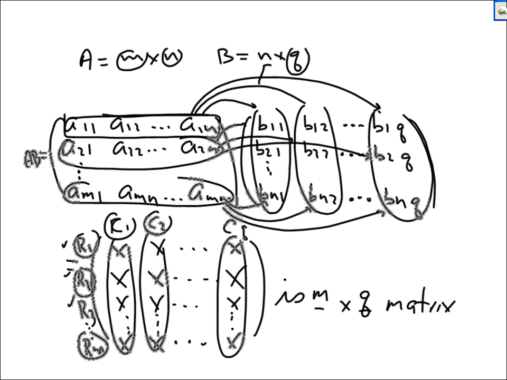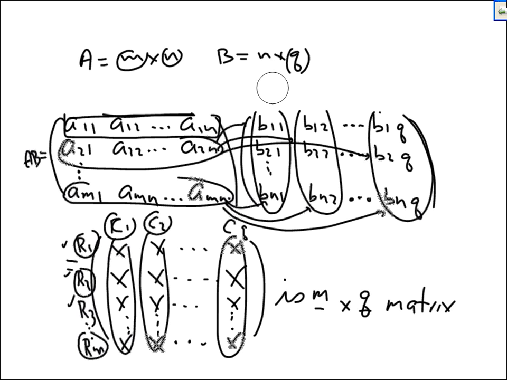Okay, so what I said earlier, I want to look at that once again. What I said earlier is absolutely true. If I take an m by n matrix, which is the size of matrix A, and I multiply it by an n by q matrix, those are the same, which is good.